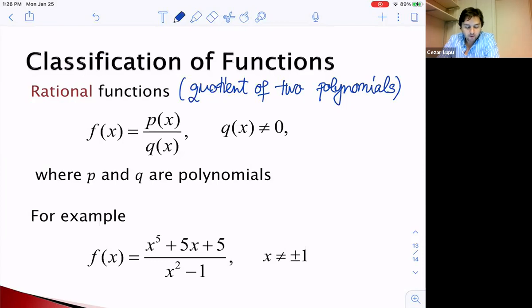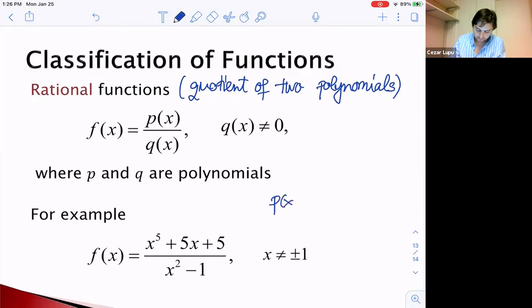Looking at this function, p of x is x to the fifth plus 5x plus 5, and q of x is x squared minus 1.